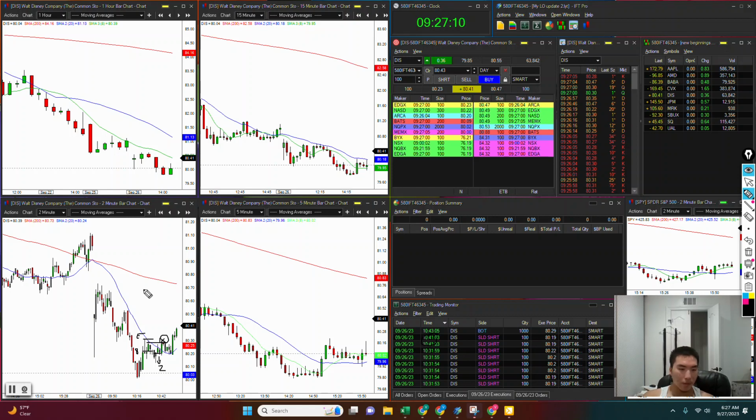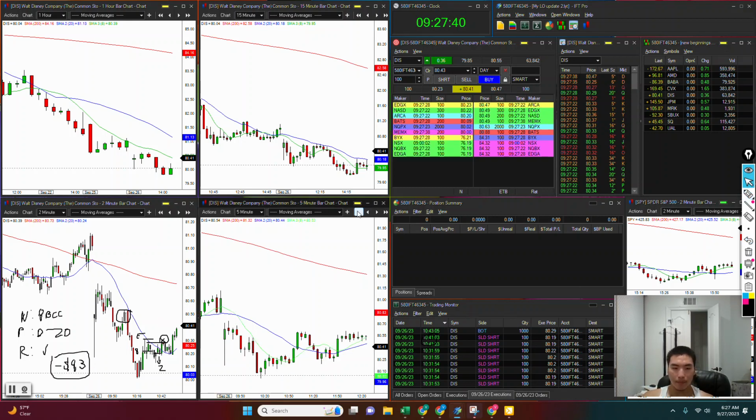No follow through. And pullback color change. Position declining 20. Risk was good. Risk is always good, but for the most part, unless there's slippage or something. Pretty sure it was this as well.